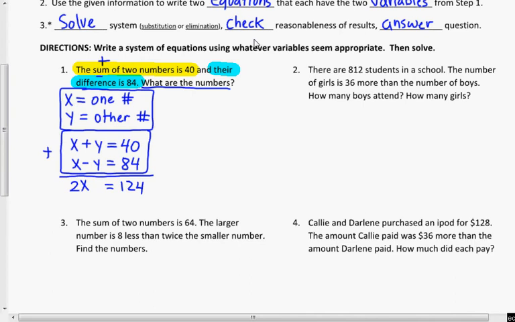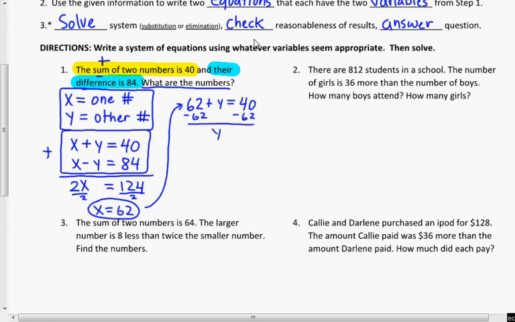And if you divide by 2 on both sides, we get x is equal to 62. I can then take that answer and plug it into one of my original equations. So x plus y equals 40 becomes 62 plus y equals 40. If I subtract 62 on both sides, y is equal to negative 22.